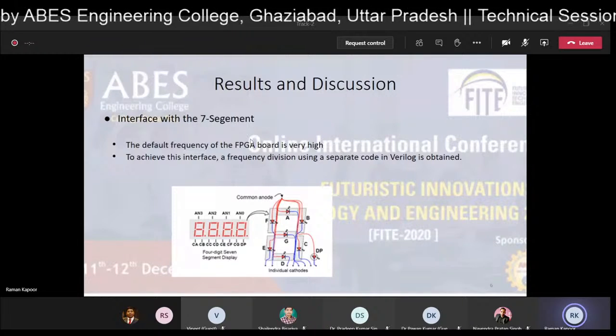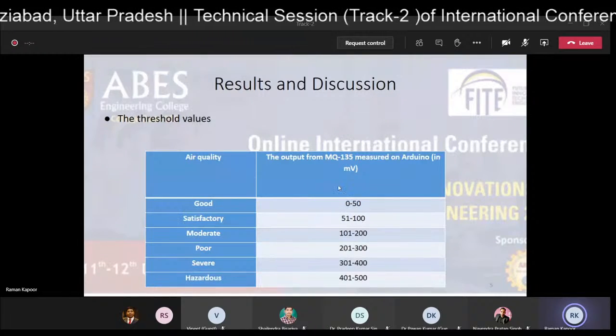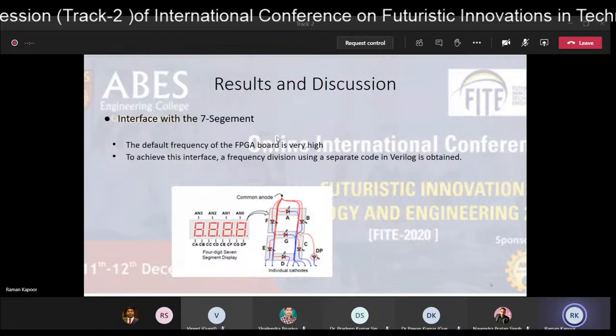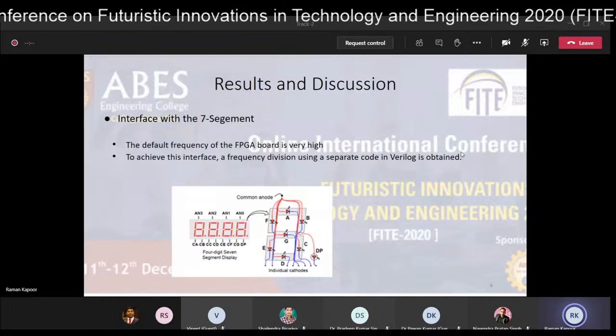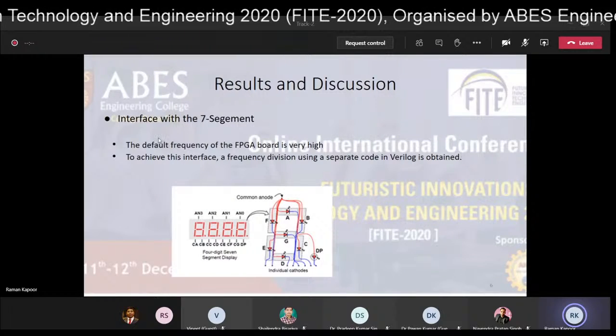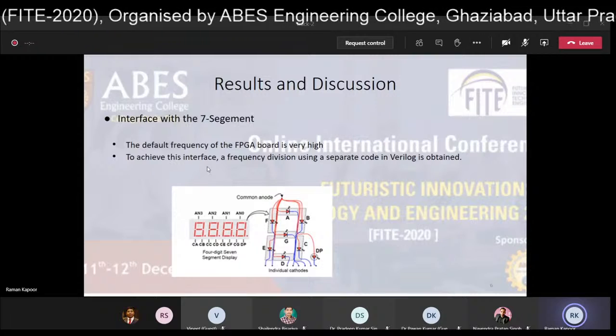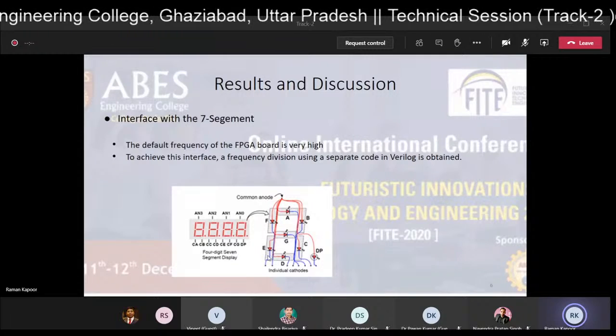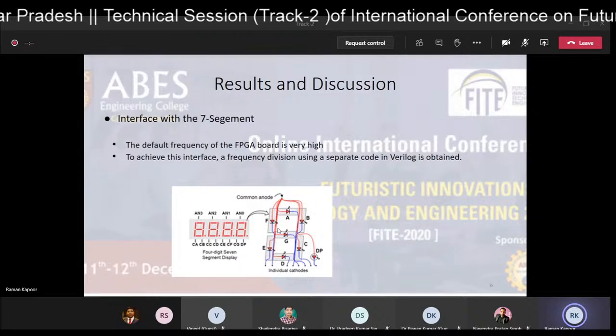We have one set of code which works on this table, another set of code which does the frequency division, and a third set of code which drives the 7-segment display.